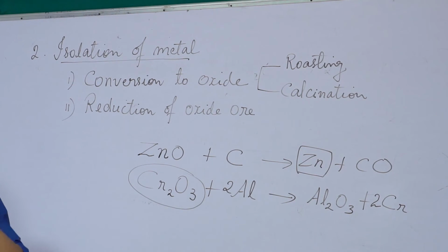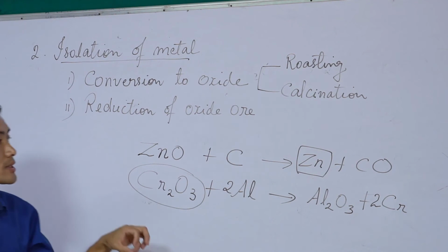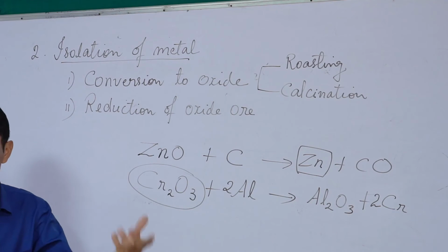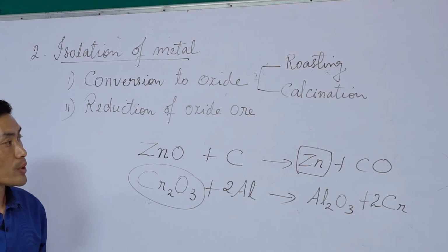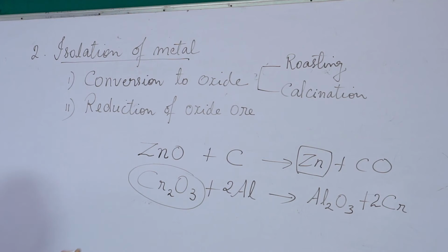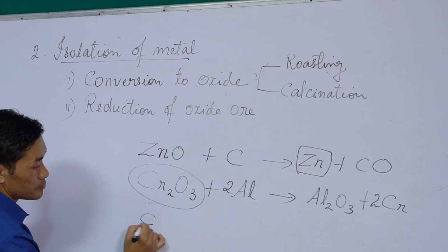However, if the metal is very highly reactive, then its oxide cannot be reduced by other metals. And therefore, in such cases, we go for electrolytic reduction.